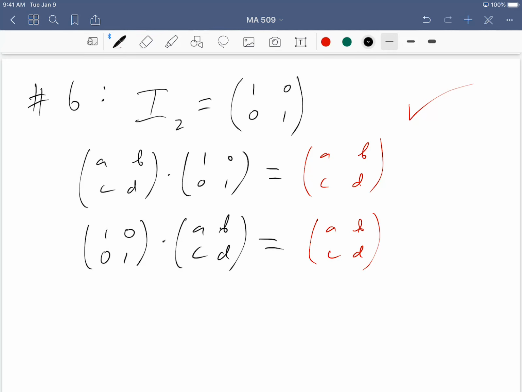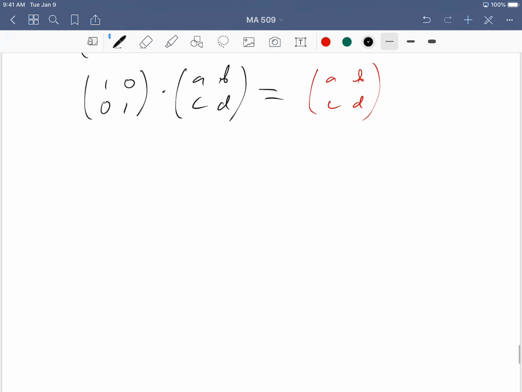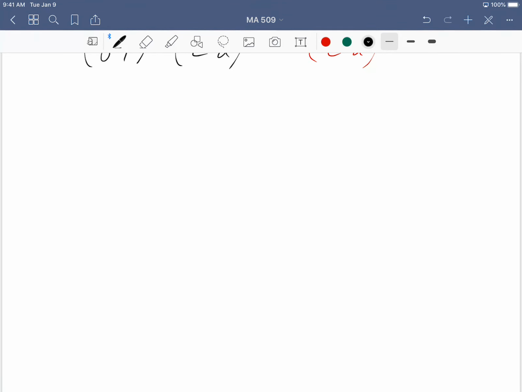All right, and then property 7, our last one, was the distributive property. And so again, this is one where we're not going to do the computation out, but I'm going to set it up so you can see what you would do, and then you should try it. So here it's going to look similar to the associative property, but we're mixing our operations.